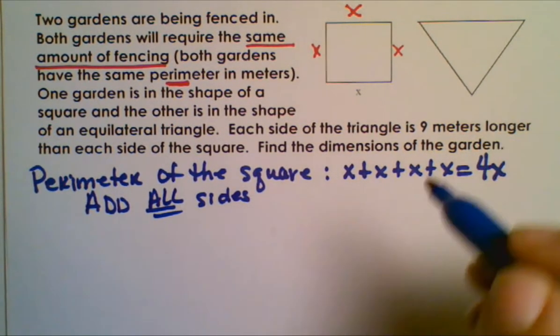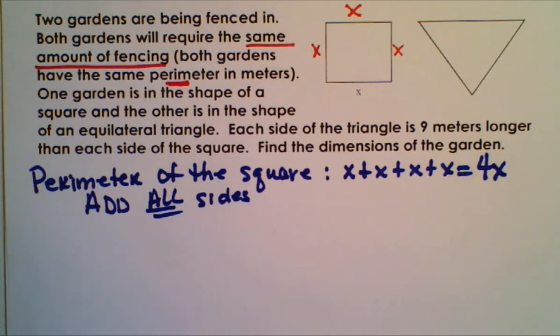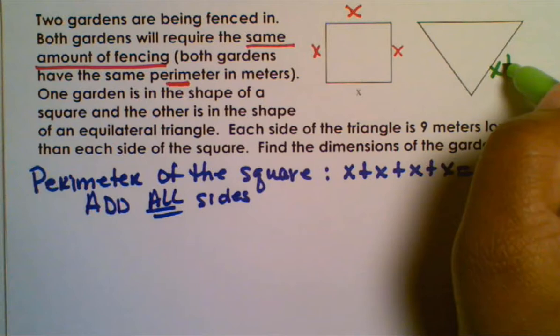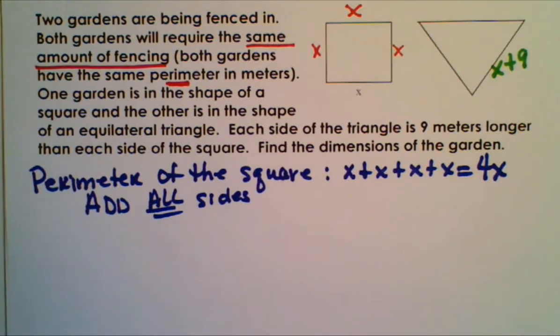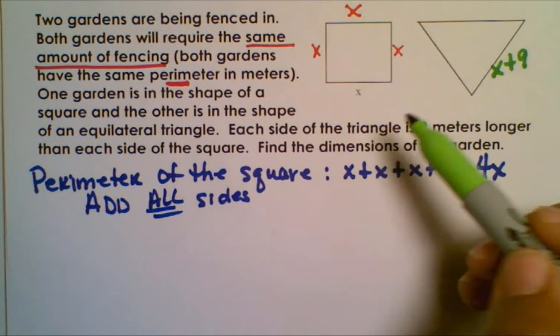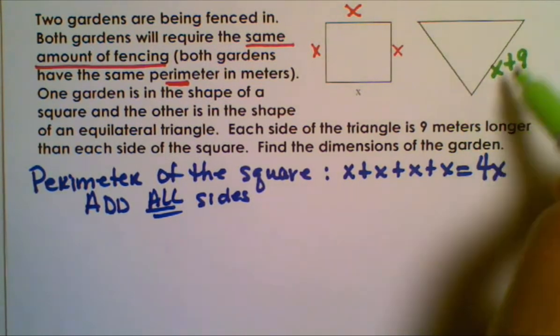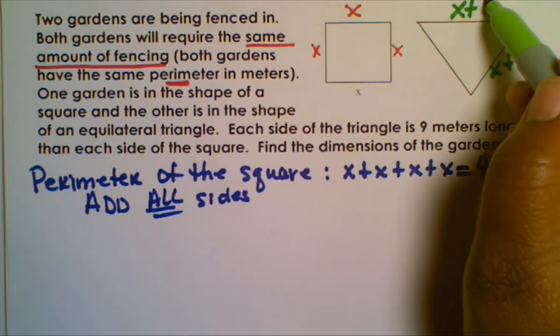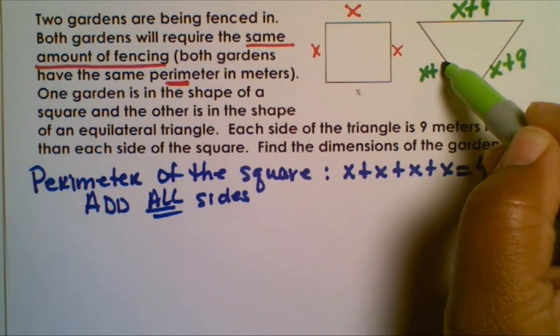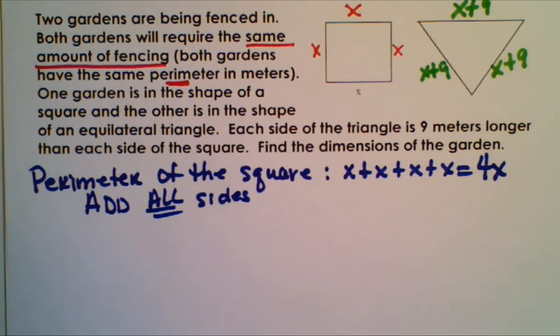So one side of the triangle is 9 meters longer than the square. So if one side here we're saying x plus 9, then the perimeter, and it's an equilateral, all sides are the same.